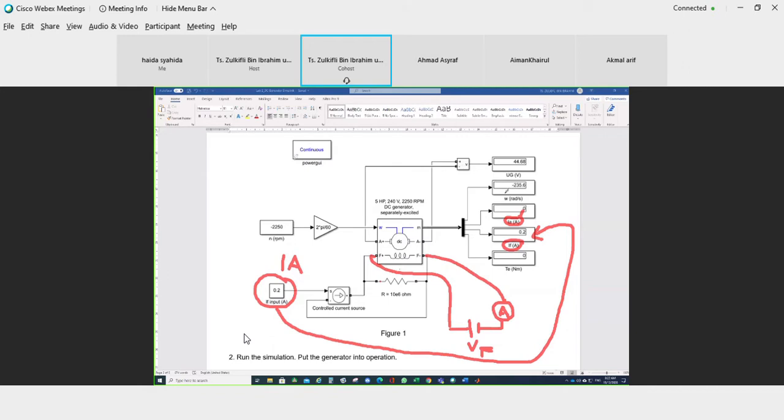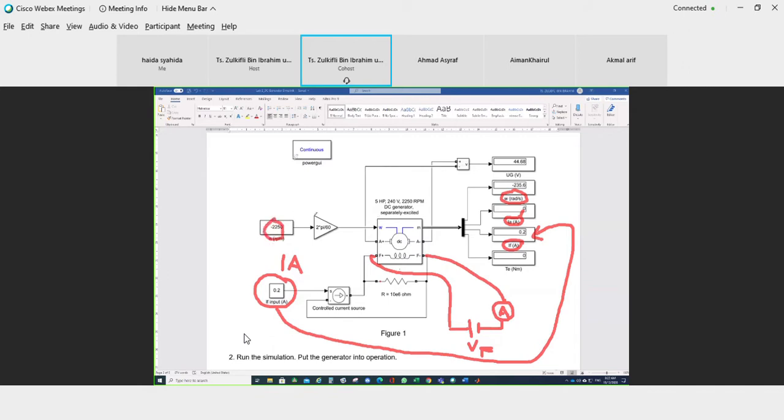And okay, so this is the angular velocity. Minus means this is in the generator mode. Maksudnya minus ni kita bagi the rotation tu. Maksudnya from the prime mover, so we rotate the rotor of the machine. That's why kita bagi dia the negative sign.